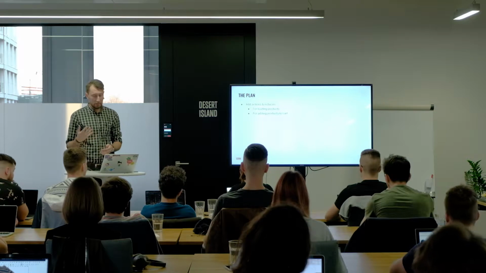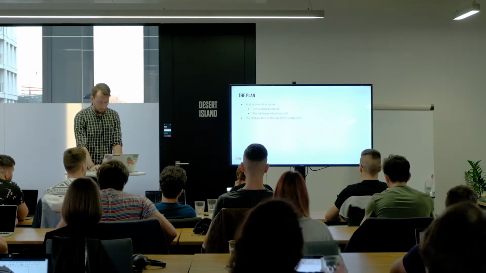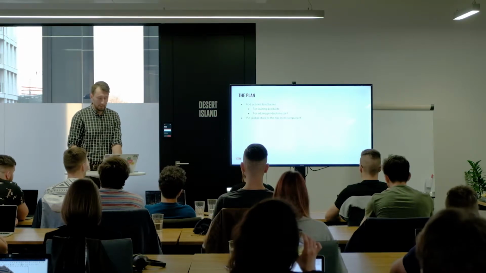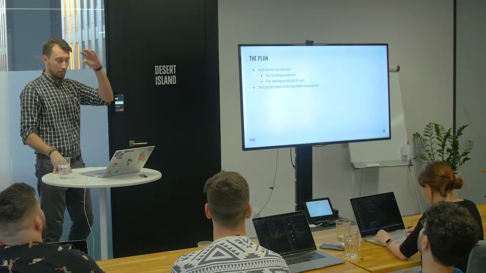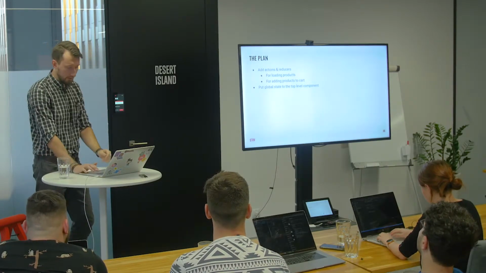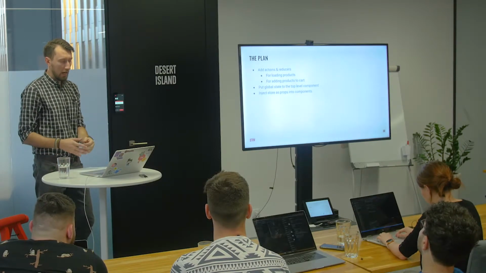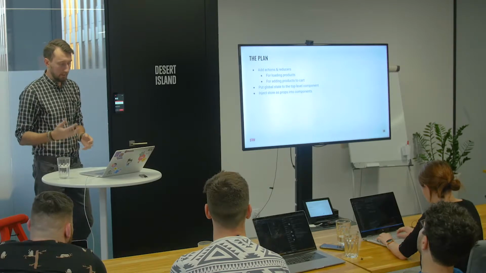And we'll create actions and reducers for adding products to the cart. Then we'll put our global state on the top level component. So as you've seen on the pictures, the state still has to be somewhere on the top of the component tree. And then we'll see how we can inject store as props into components that actually need it.